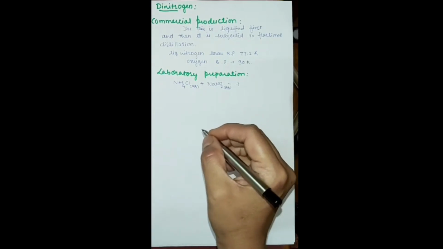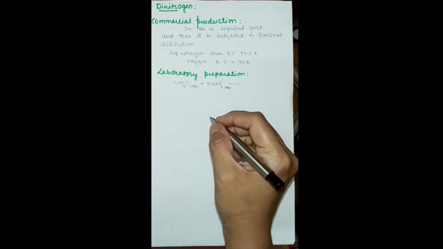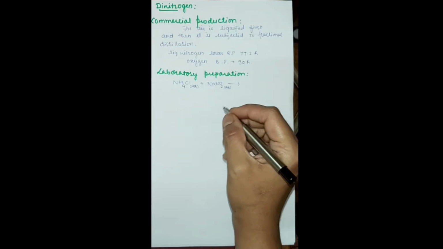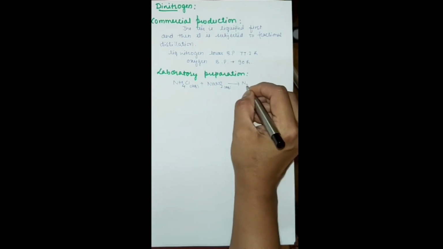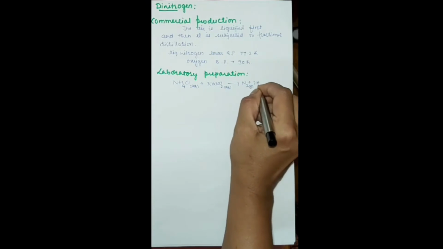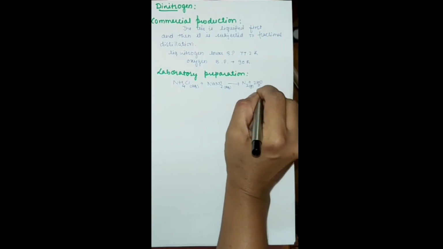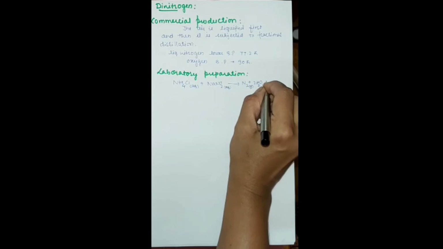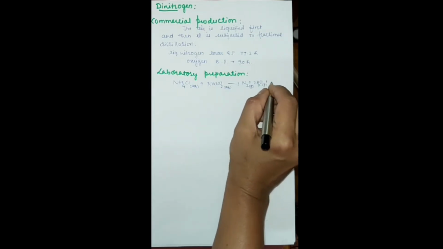First ammonium nitrite is formed, which decomposes to give you nitrogen, water, and sodium chloride.